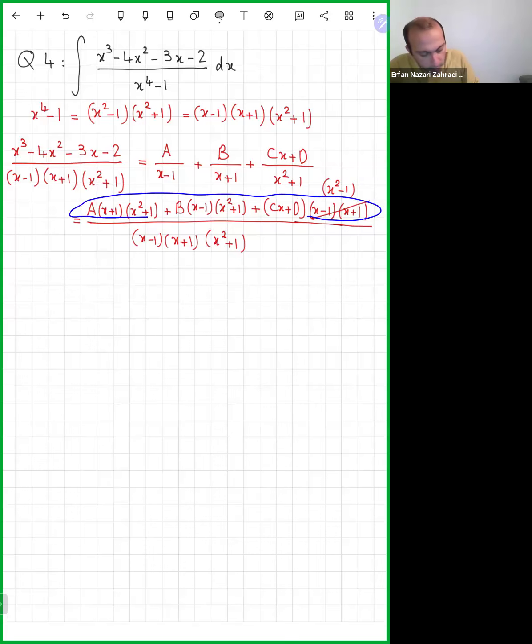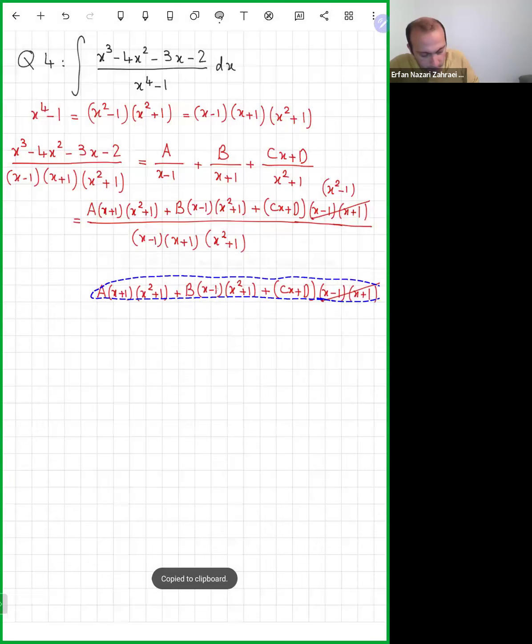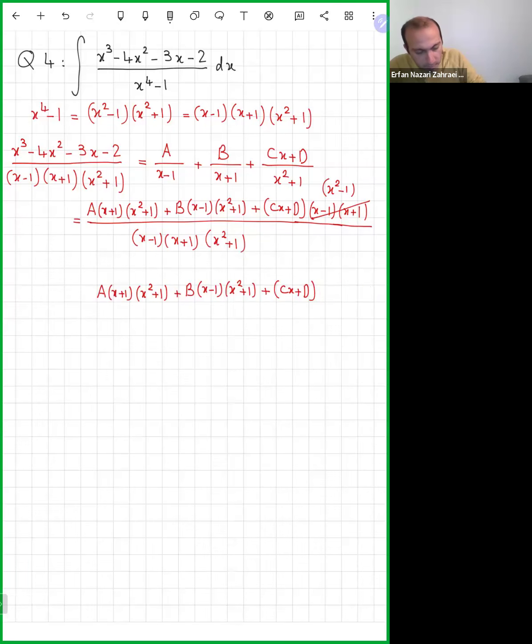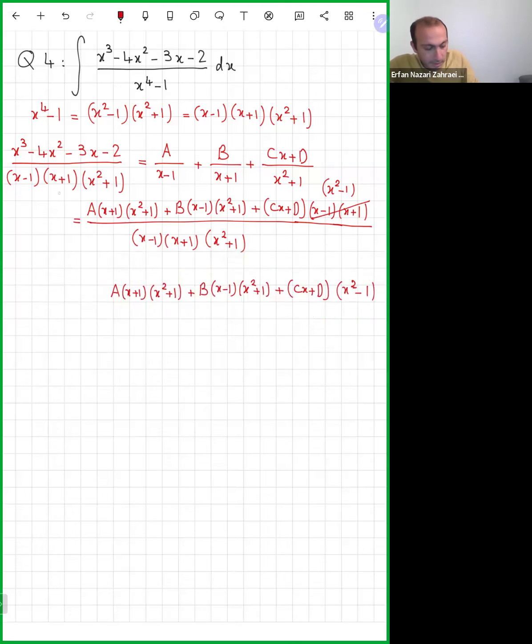Okay, so I get that. Let me write this as well: x squared minus 1. This fraction is the same as this fraction, and they have the same denominator. So the top of this should also be the same as the top of this.